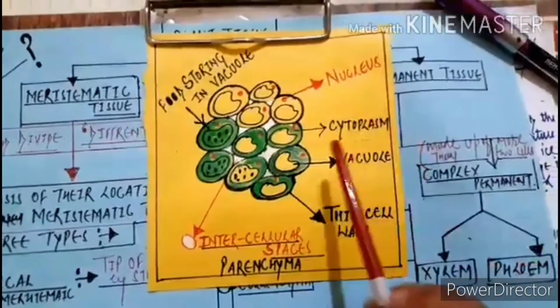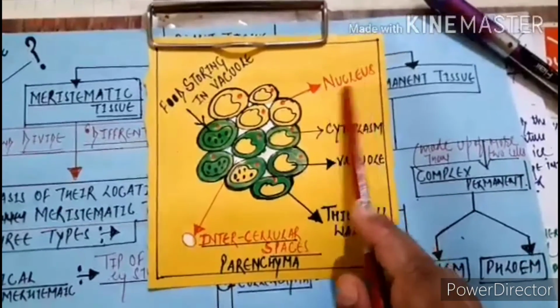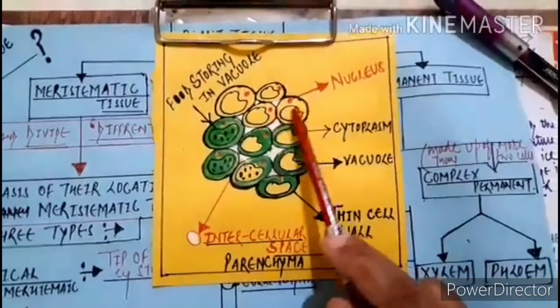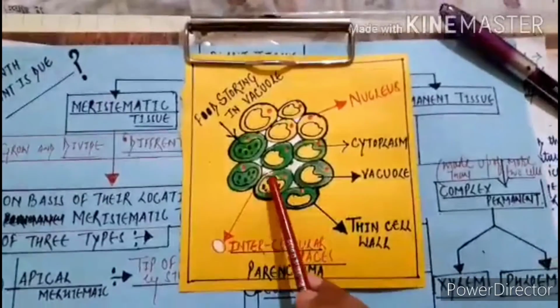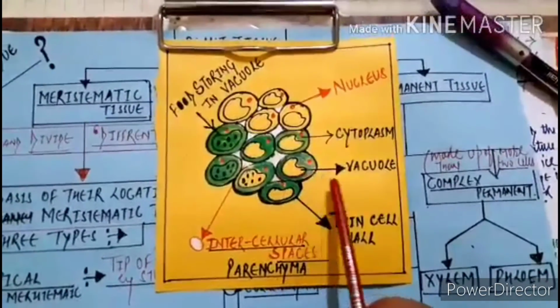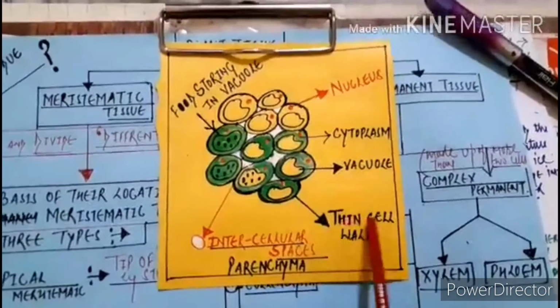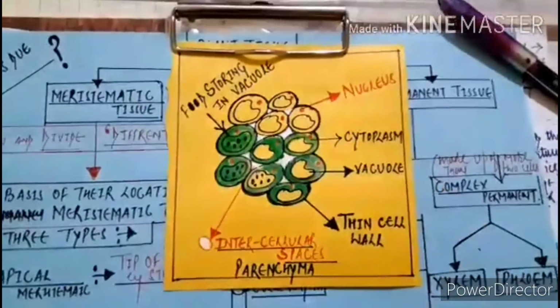Now you can see these red colored dots, this is the nucleus. They have a nucleus, cytoplasm, and a central large vacuole which stores food. In some plants they have chloroplast, so they are photosynthetic in nature, and they have intercellular spaces and thin cell walls. So this is the structure of parenchyma cells.